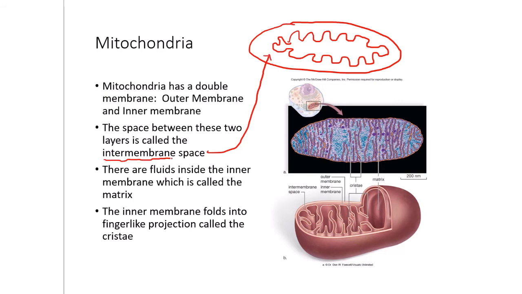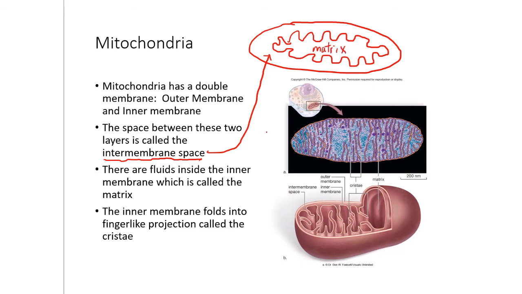Intermembrane space. It's important that we know the structure of the mitochondria, because in lecture 5 we will look at the events that take place in these different parts of the mitochondria in order for the body to produce ATP, to produce usable energy. On the inside of the inner membrane, there is fluid, and that fluid is called the matrix.